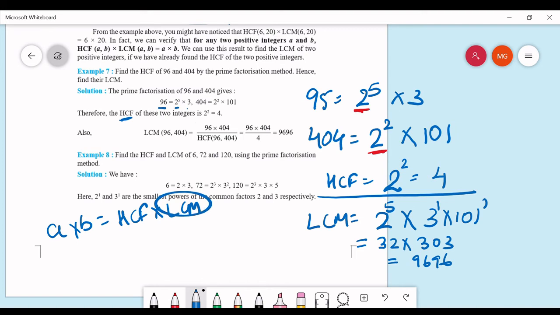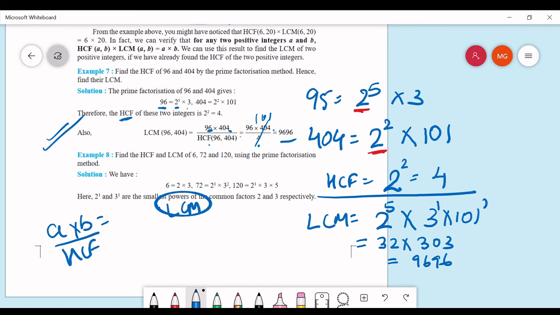So you can take the HCF and divide by it. So here you get 96 multiplied by 404 divided by the HCF, that is 4. So we'll be getting the LCM, right? So this is the easier method.